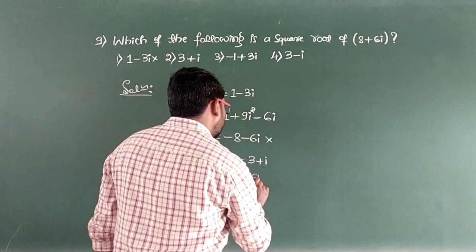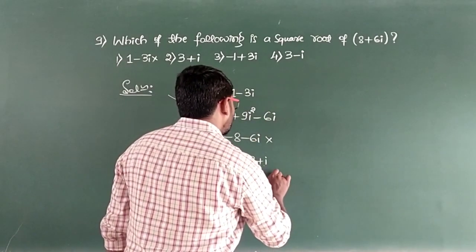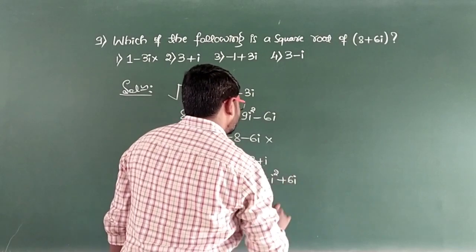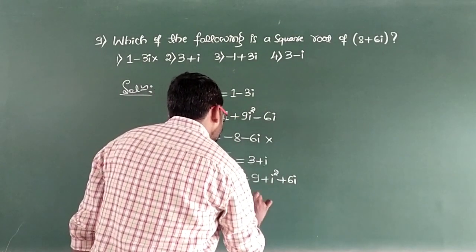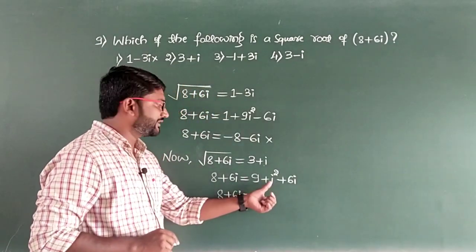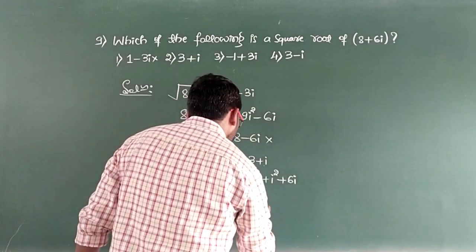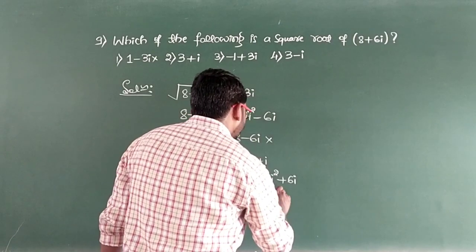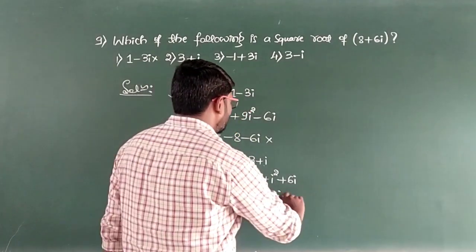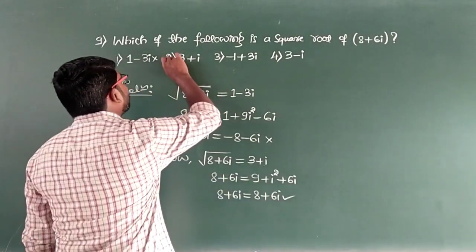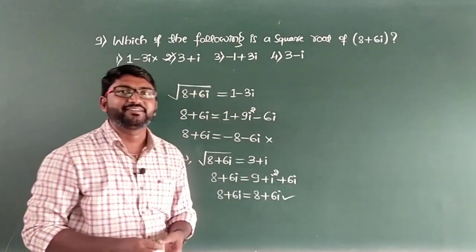So 3 square it will be 9, plus i square, plus 6i. So now 8 plus 6i is equal to, i square value is minus 1, 9 minus 1 it will be 8 plus 6i. So for the second option we are getting LHS equal to RHS. That means option 2 is the correct answer. This is all about question number 9.